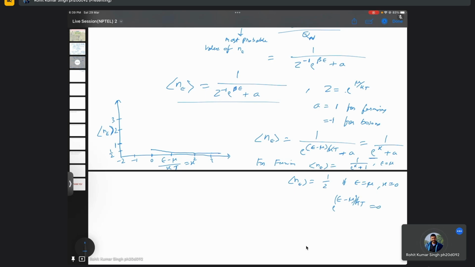For this to be 0, (E minus mu) over kT should tend to minus infinity, and this will happen when mu is less than E and T tends to 0, correct?